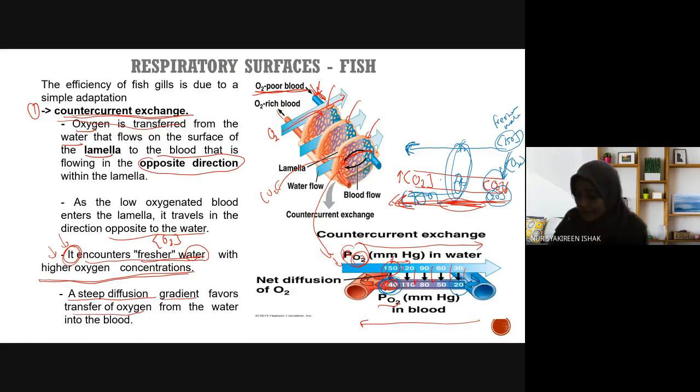Faham? Okay? Which is kat sini dia boleh sampai 75 je instead of kalau counter current 140. So that's why for efficient exchange of gas in fish, they must involve counter current exchange.